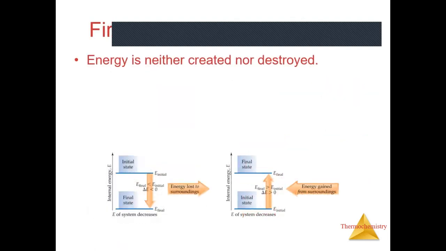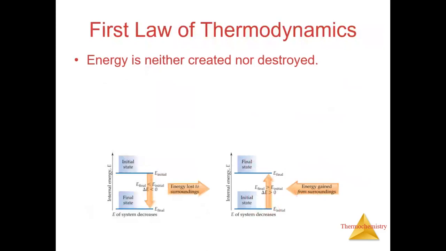Now, the first law of thermodynamics says the energy of the universe is constant. That means you can't destroy or create energy. So what happens is if your system loses energy, it is losing that energy to the surroundings.